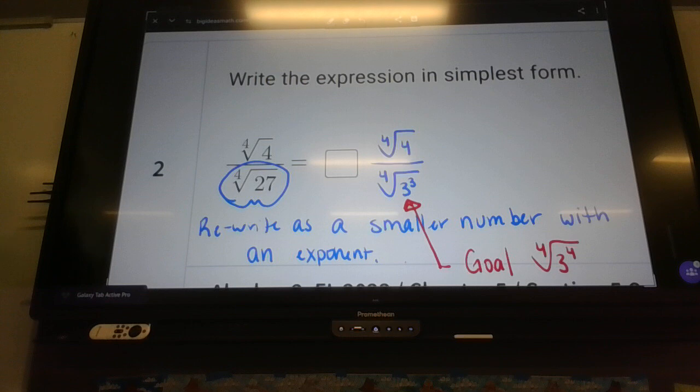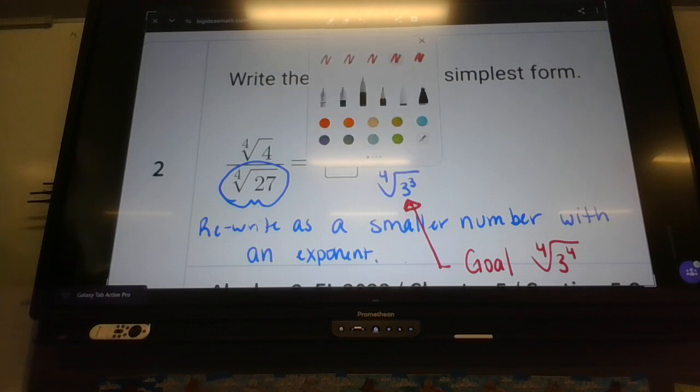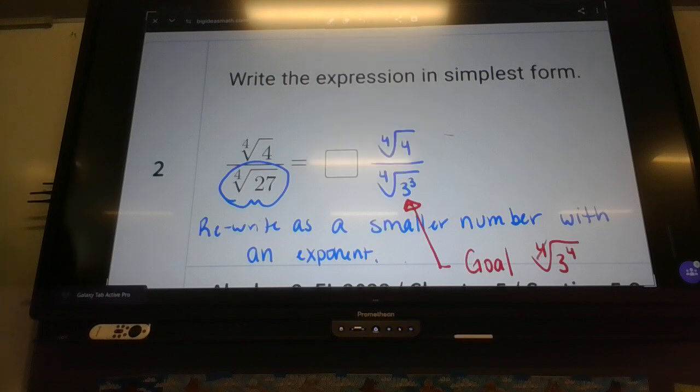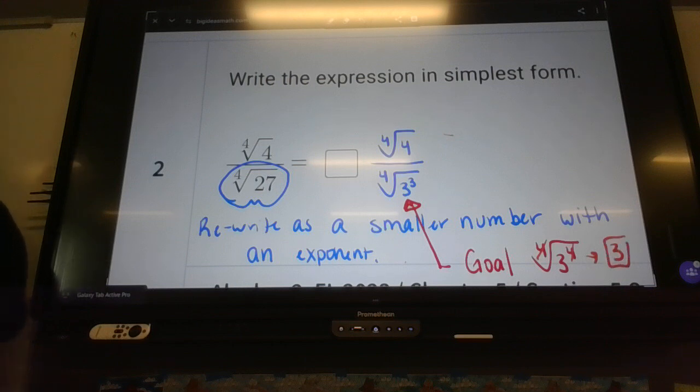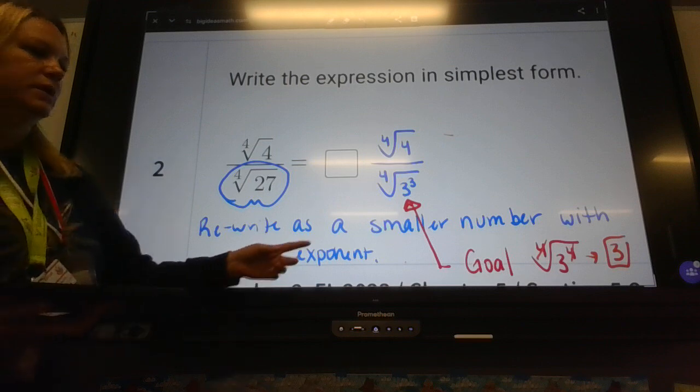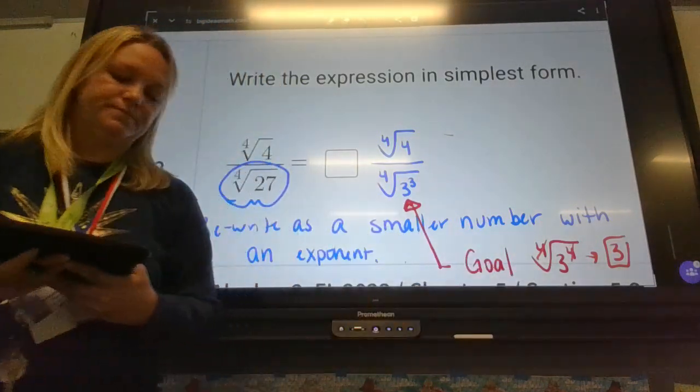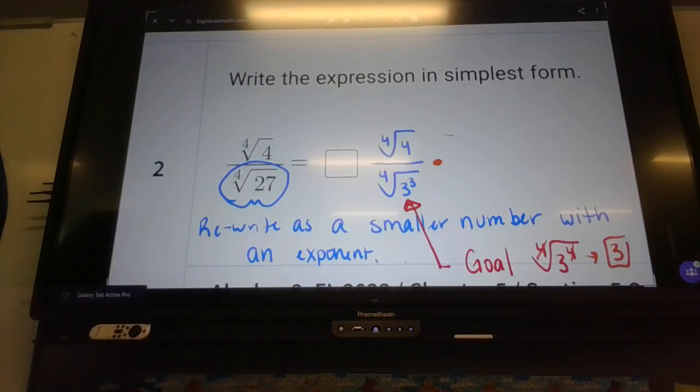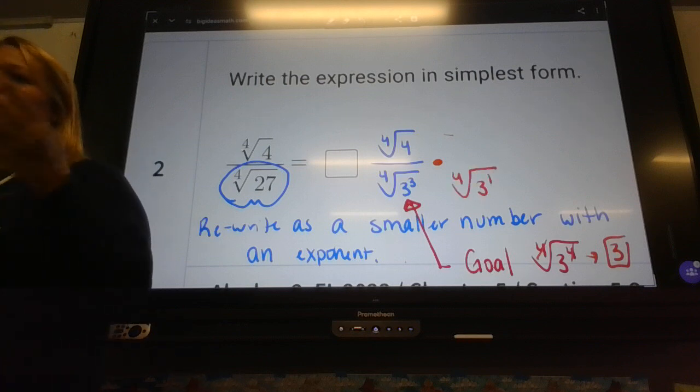The reason that's our goal is because the exponent and the index are inverse and they would clear to be a regular 3. So we have to think creatively, how do we go from this to our goal? We need to multiply one more in to total 4.